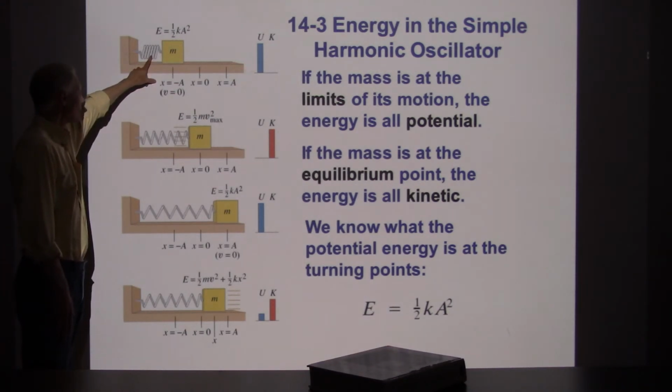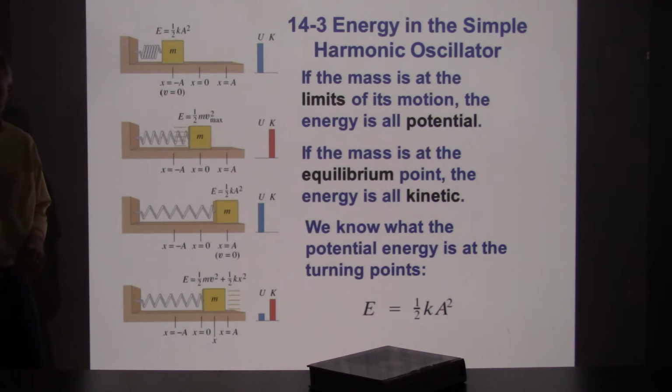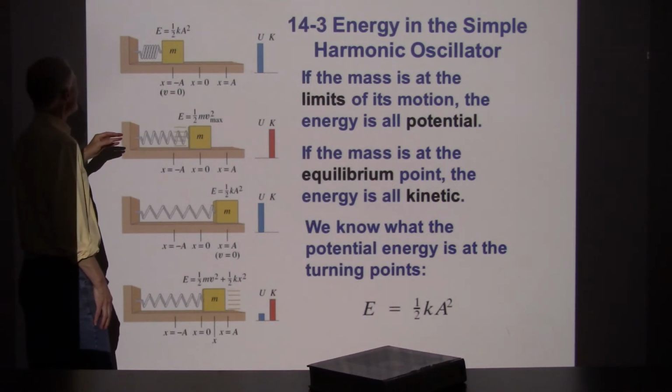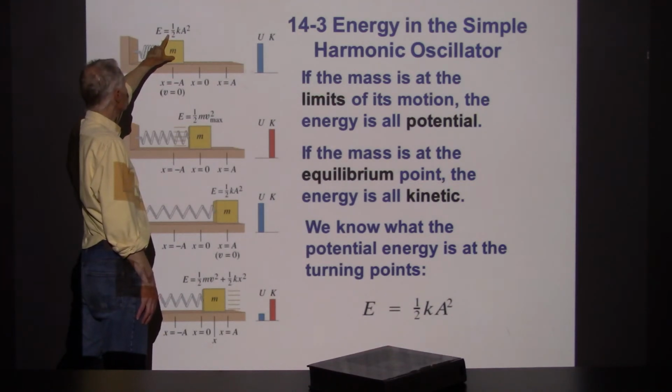So if we start off here, this is kind of the same set of pictures we've been looking at. If we start out with the object pulled back some amplitude, and then we let go at that point, then we're going to have potential energy, 1/2 kA squared, when we start.